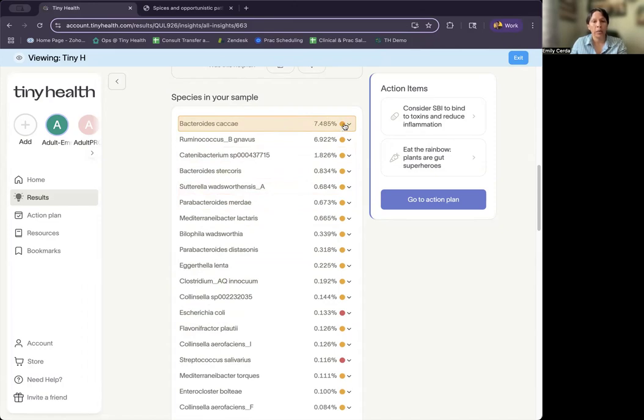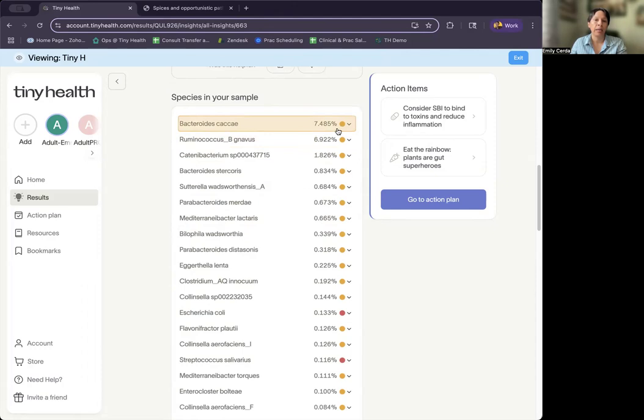I do want to note that the yellows here do not mean that they're almost out of range. These are indicating the type of bacteria. So a yellow is a variable bacteria, and that means that Bacteroides, Ruminococcus, these are great at making short chain fatty acids. They need to be in our microbiome. They're very healthy being there.